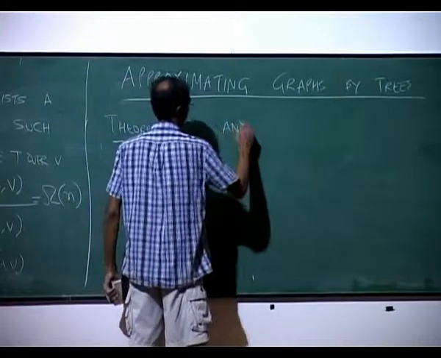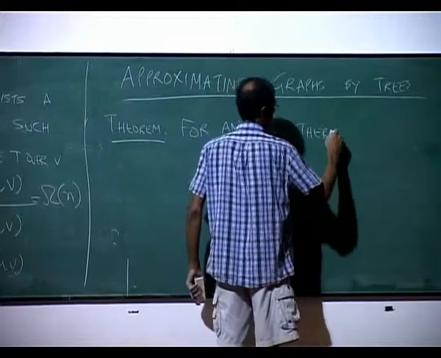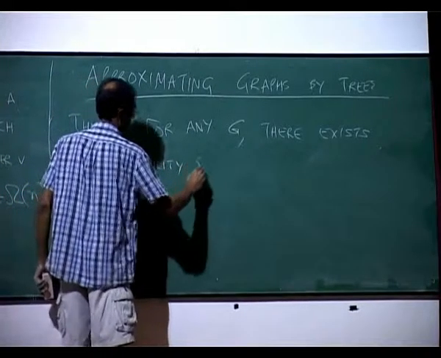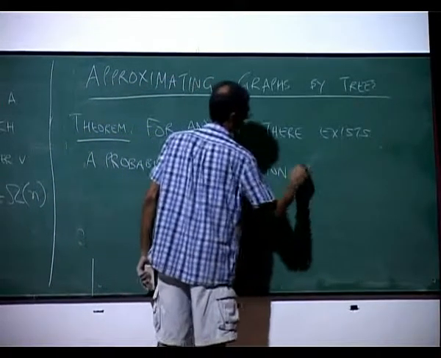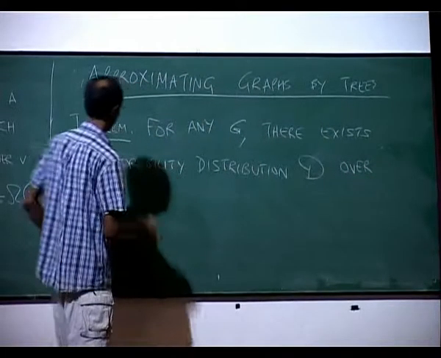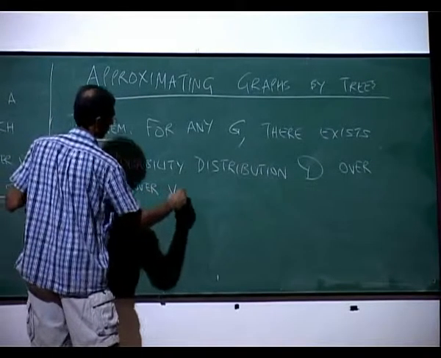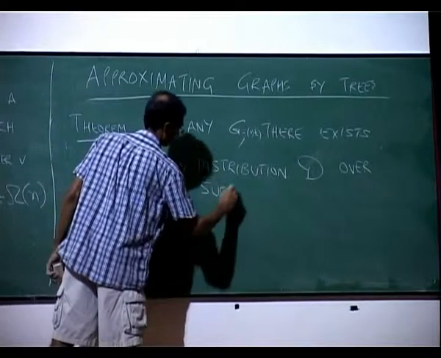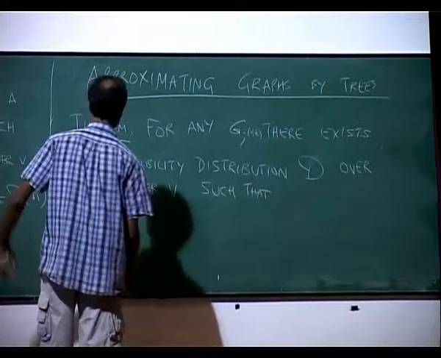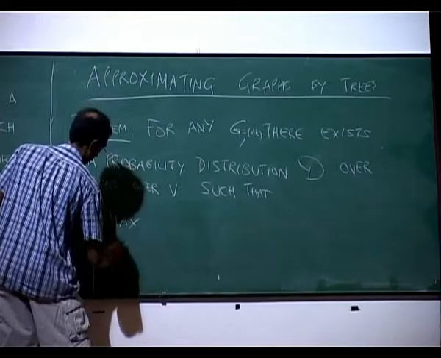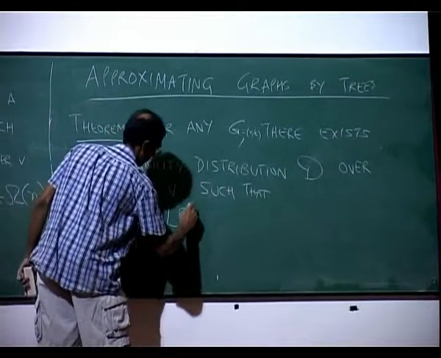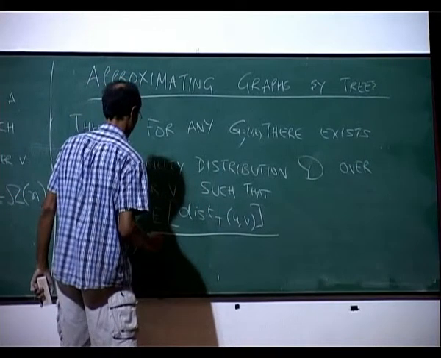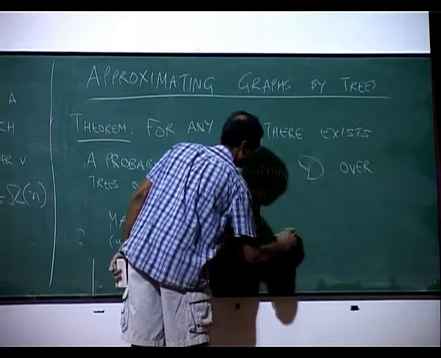For any G, there exists a probability distribution D over trees over the vertices of G such that, and this is a weighted graph, doesn't matter, the maximum over all pairs u, v of the expected distance in T(u, v) divided by the distance in G(u, v) is order log n.